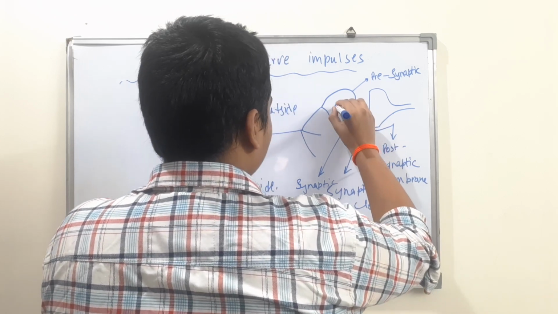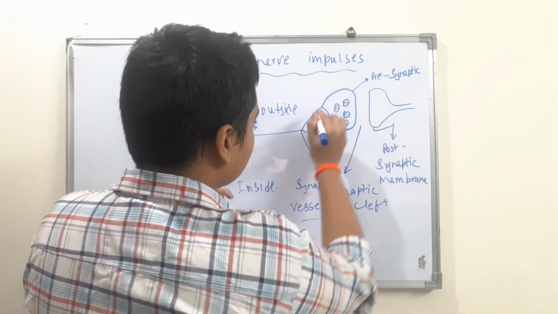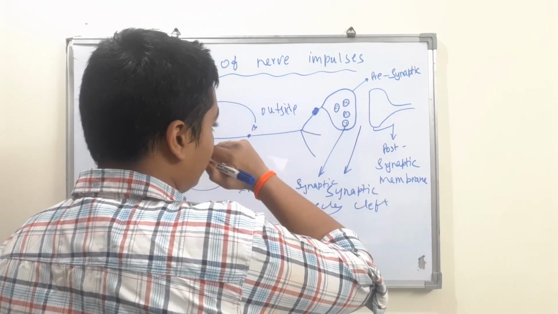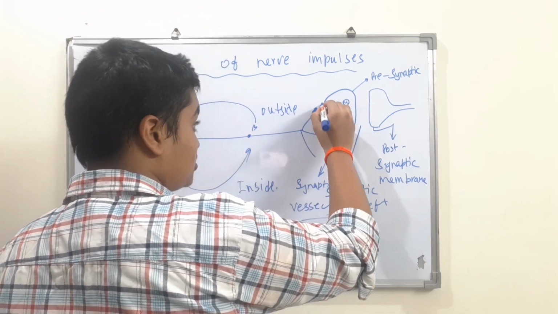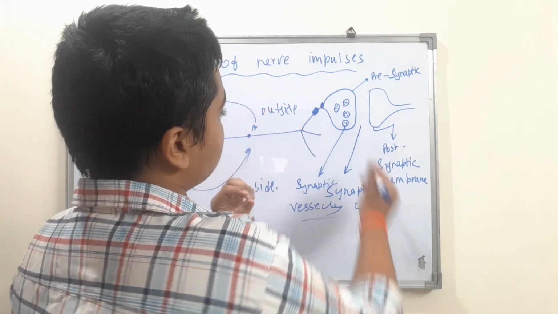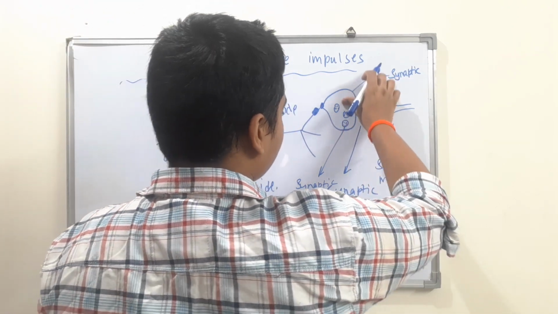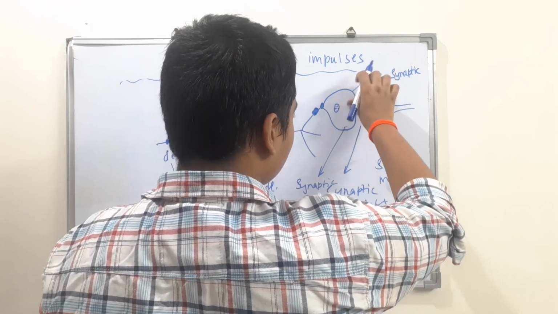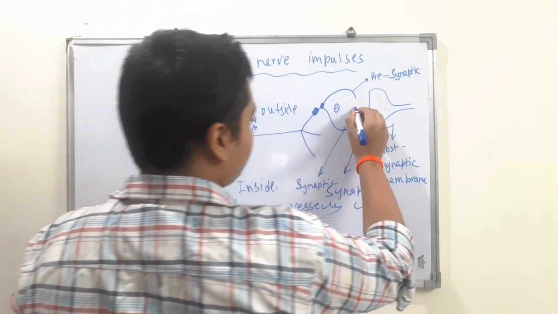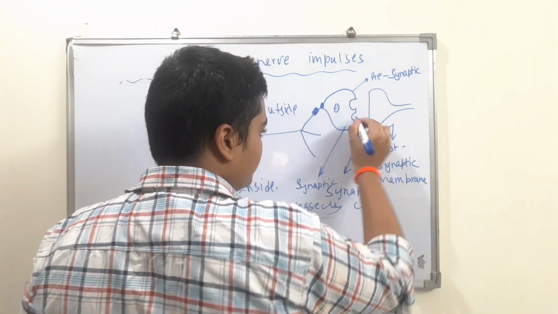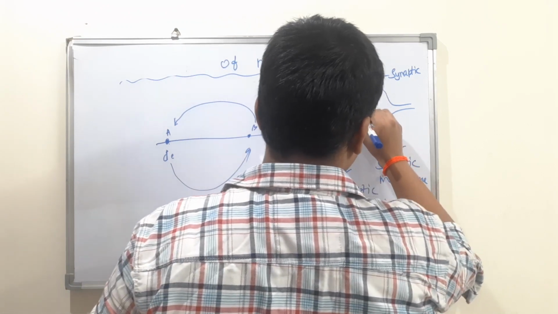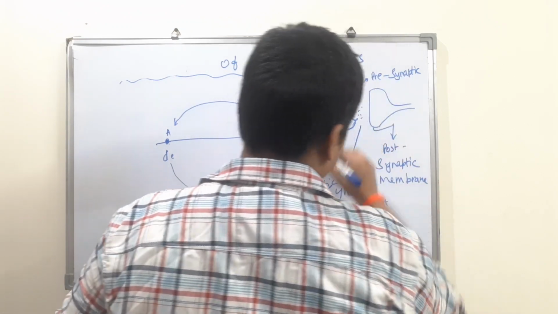neurotransmitters. When this stimulus, nerve impulse or action potential, reaches the axon terminal, these synaptic vesicles move towards the presynaptic membrane, and they release these chemical substances called neurotransmitters.